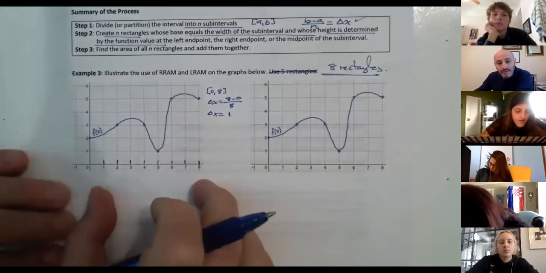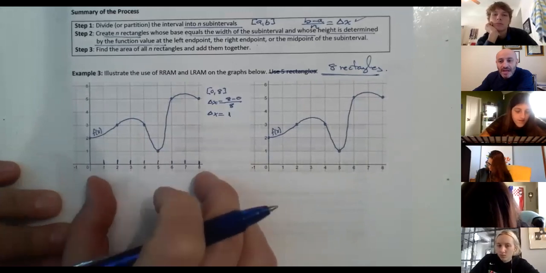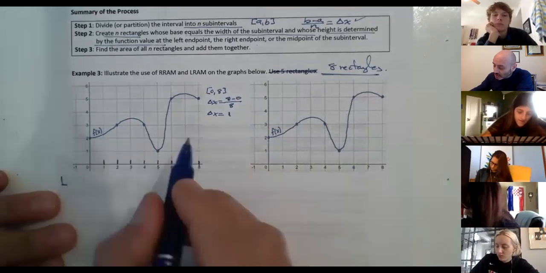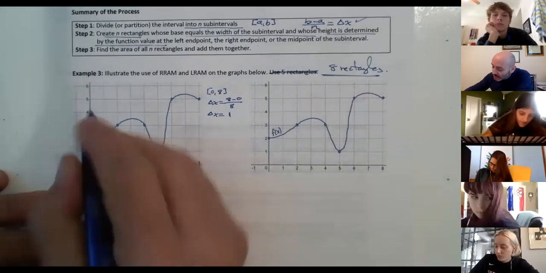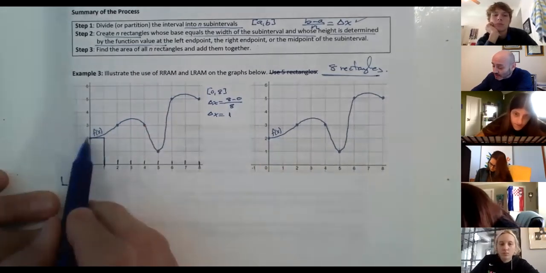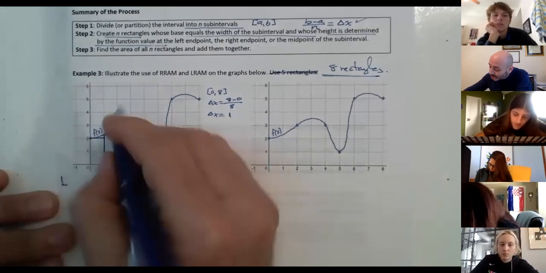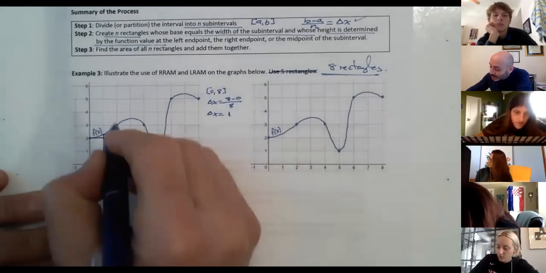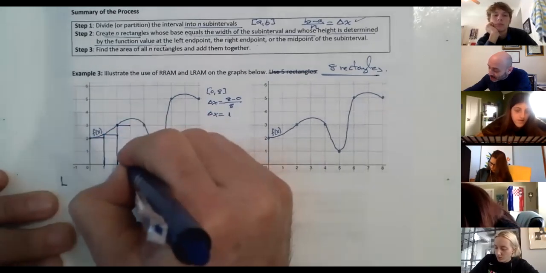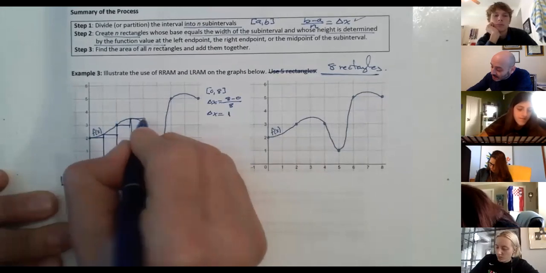So on this one, I'm going to use the left endpoint to approximate this with a rectangle. So I'm going to use the left endpoint, all right? So I'm going to draw my rectangles. So that's going to be 1, right? I start with the left endpoint. This will be the next one. This will be the next rectangle. This is the next rectangle.